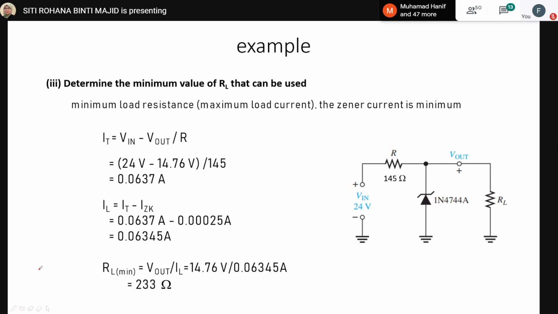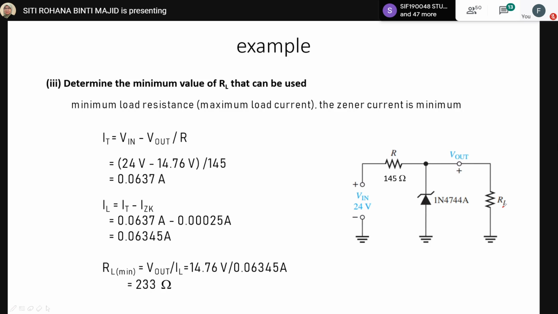From this circuit, the total current should be 0.0637 ampere. For the load current, IL equals IT, the total current, minus IZK, because that is the knee current. Then you will get the current that flows across the load, 0.06345 ampere.